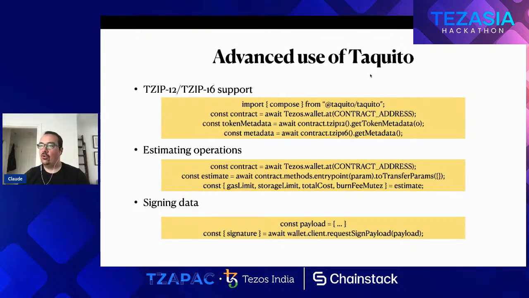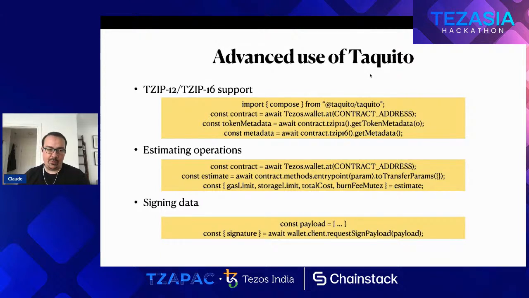And you don't even have to figure out where the metadata is, because the tzip16 standard allows you to store the metadata in the contract, on IPFS, or in a different storage provider. Taquito is going to figure it out for you. You just have to call getMetadata, and you're going to get the metadata. You don't have to know where it is. Taquito is going to take care of it.